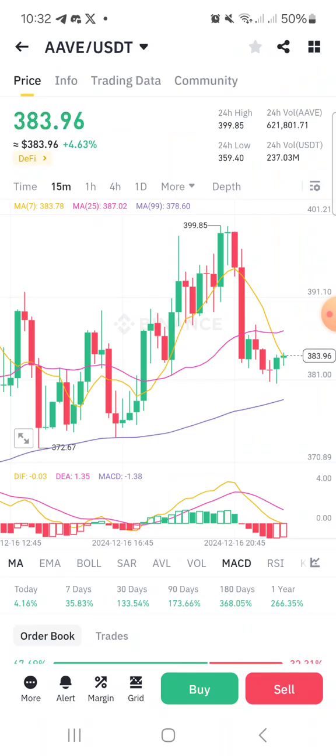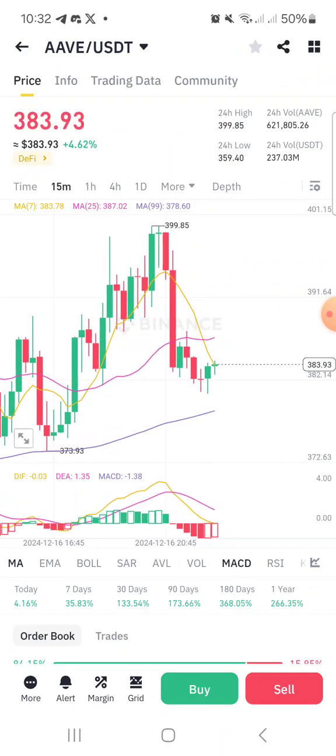Based only on support and resistance, I can see that this is kind of at a support level and it's trying to bounce back, depending on the fundamentals that I am suspecting for the market. Today BTC has been hitting really hard. The market has been that hot. BTC got to a new all-time high of $107,000.